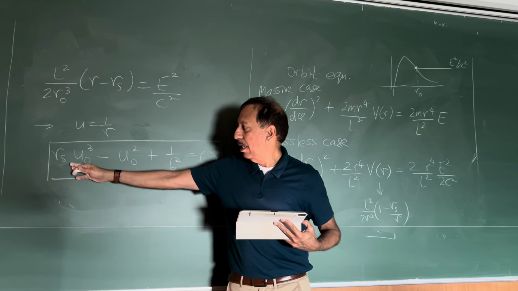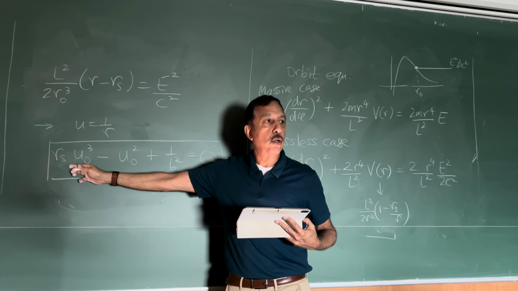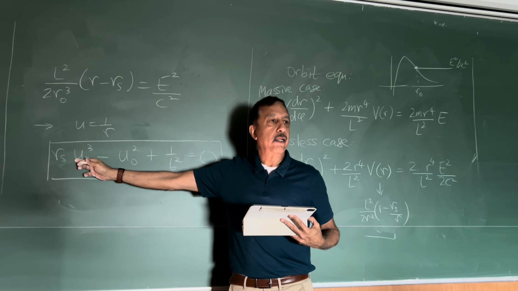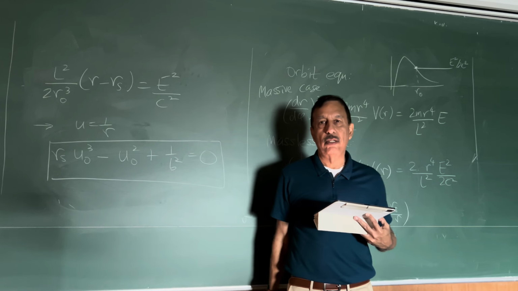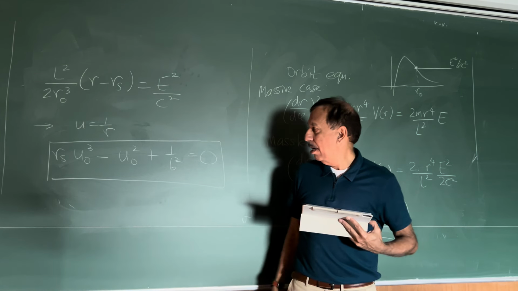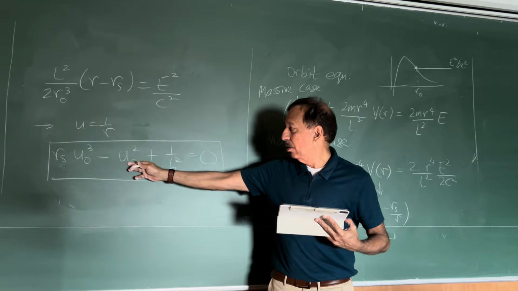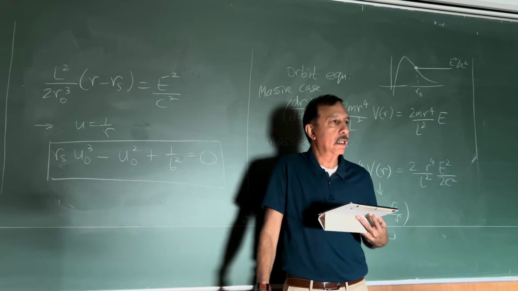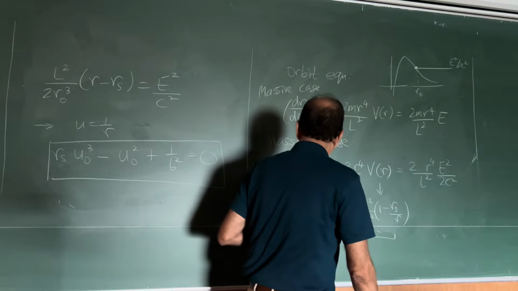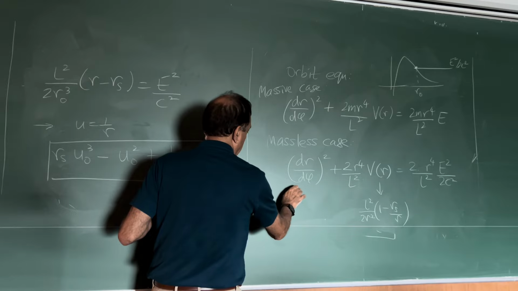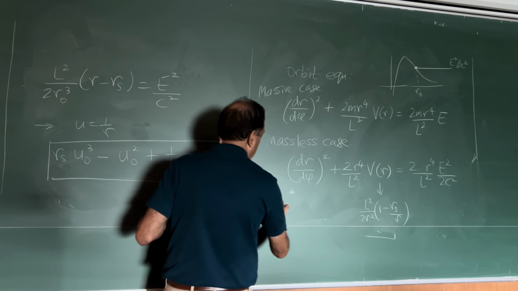Notice, by the way, that the limit of no planet or no star is when RS goes to 0, because RS is proportional to M, the mass of that star. In that limit, we certainly know that U0 is just 1 by B. And why is that? It's very simple. Here's the star that now I have removed.